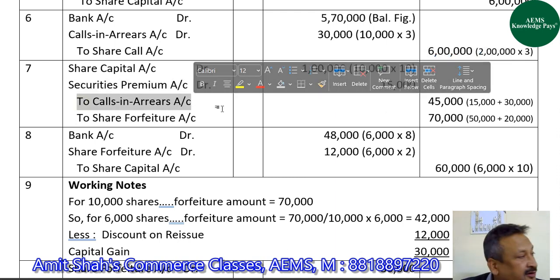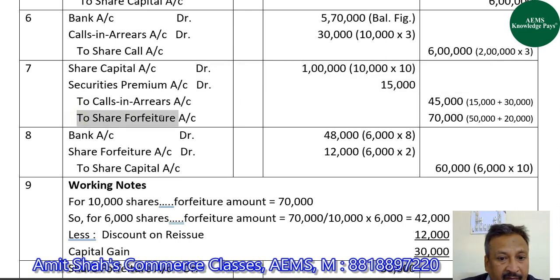Respective call account, that is share allotment, first call or final call account, gets credited, and calls in advance account again gets credited for the money that we have received in advance at the time of this respective call for any of the further calls.